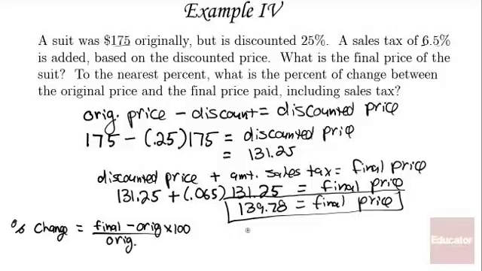So the final price was $139.78 minus the original value, that was $175, divided by the original price, which was $175, times 100, because I'm dealing with percents.